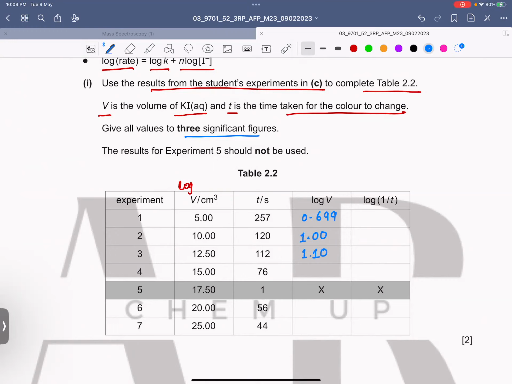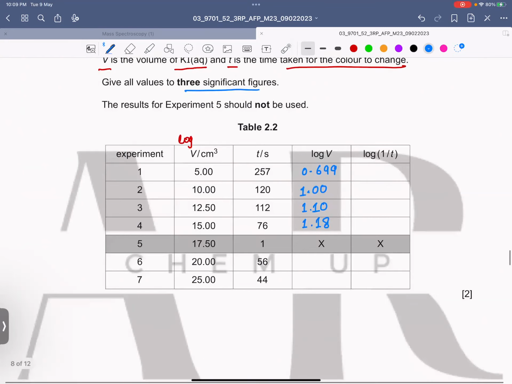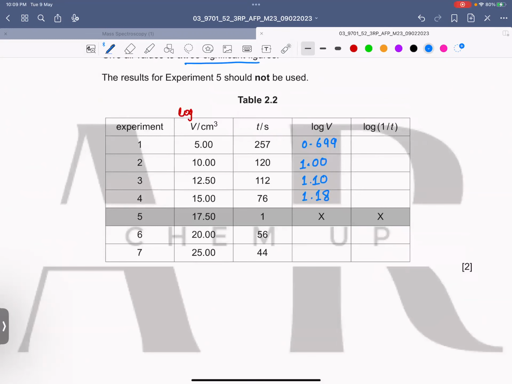Then 1.18, then 1.30, then 1.40. Now log 1 over T.